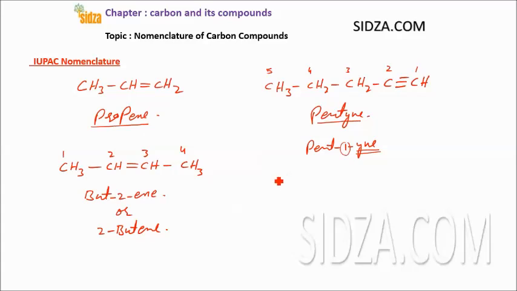Let's take some more examples here. We have a CH3, CH2, single bond, CH, double bond, CH, and a CH3. Now this molecule contains a double bond, so it belongs to the alkene family.